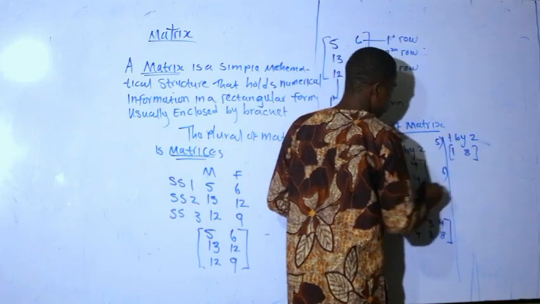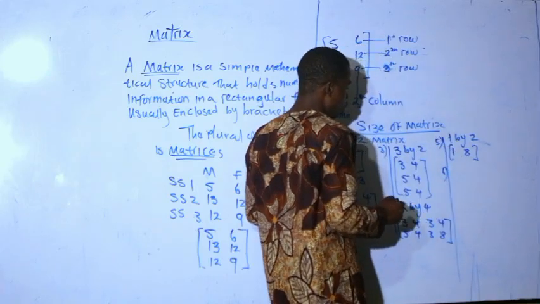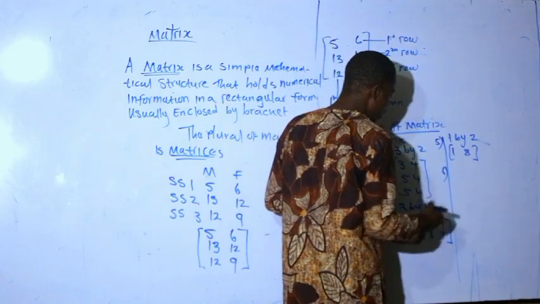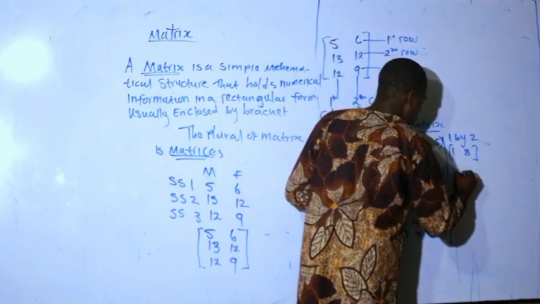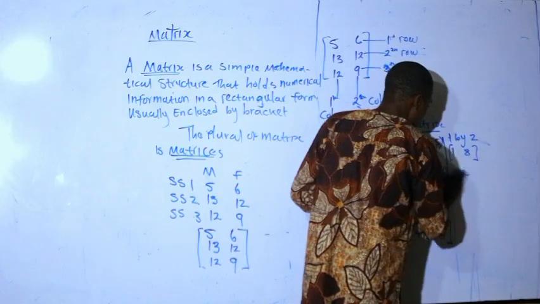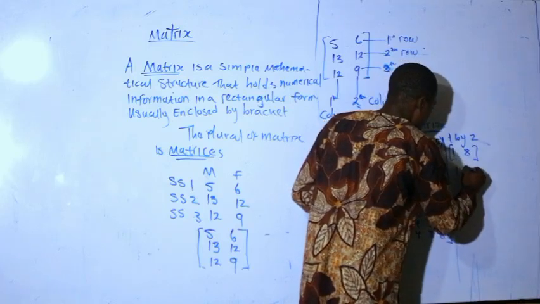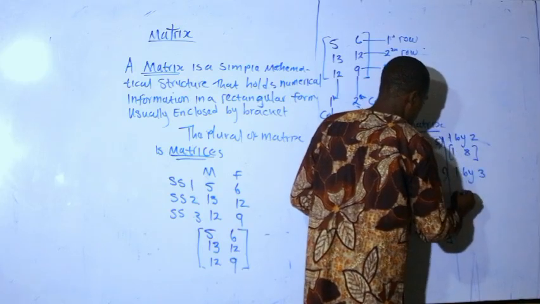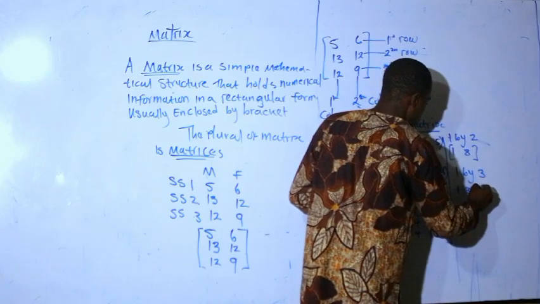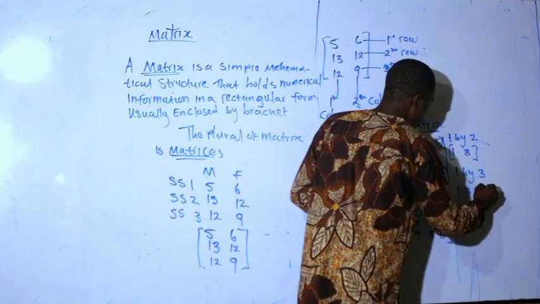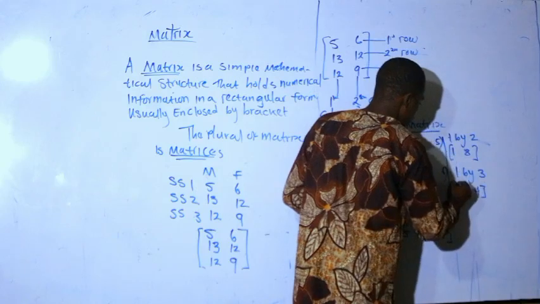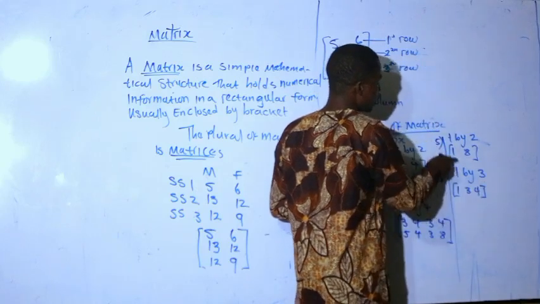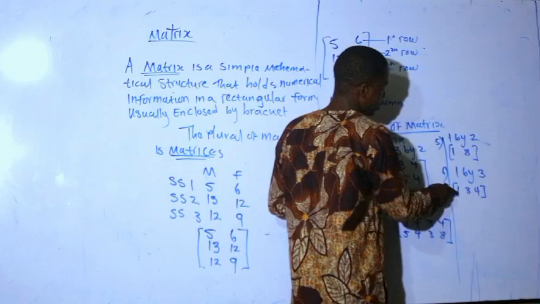We can have a different form like this. We can have 1 by 3 matrix. When we count it in row, 1.